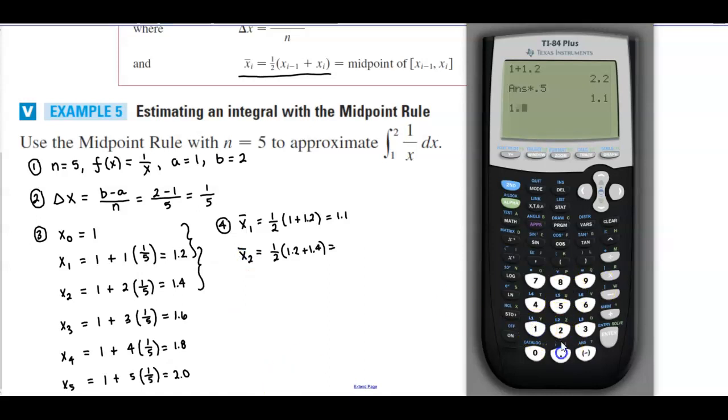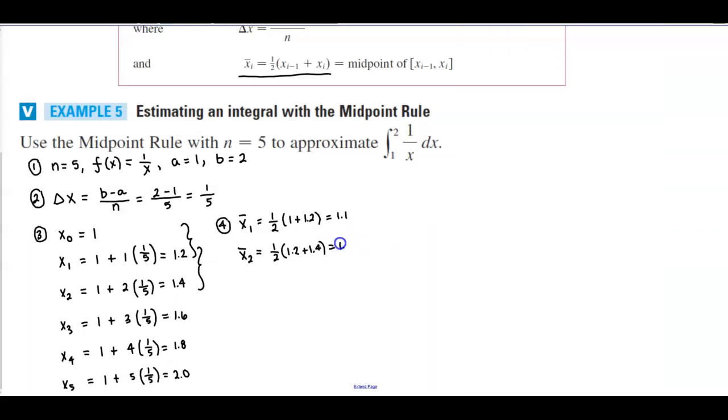We take 1.2 plus 1.4 and times that by 0.5, and that gives us 1.3. Now we want to find the midpoint at 3. Here, the points are 1.4 and 1.6. So we take 1.4 plus 1.6 and multiply that by a half, and then we get 1.5.